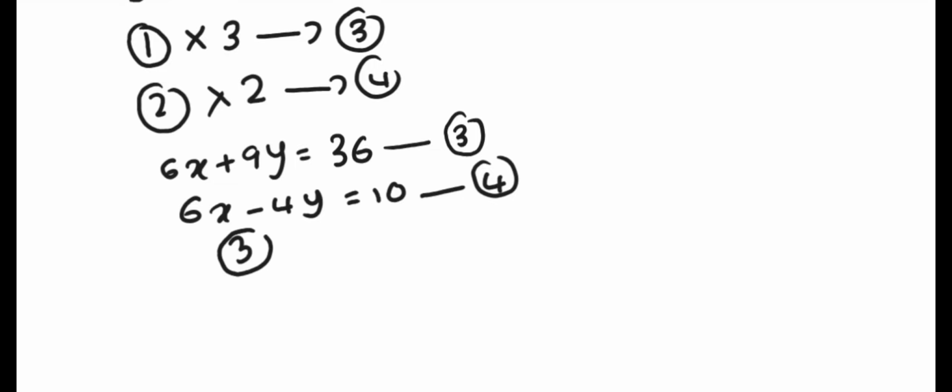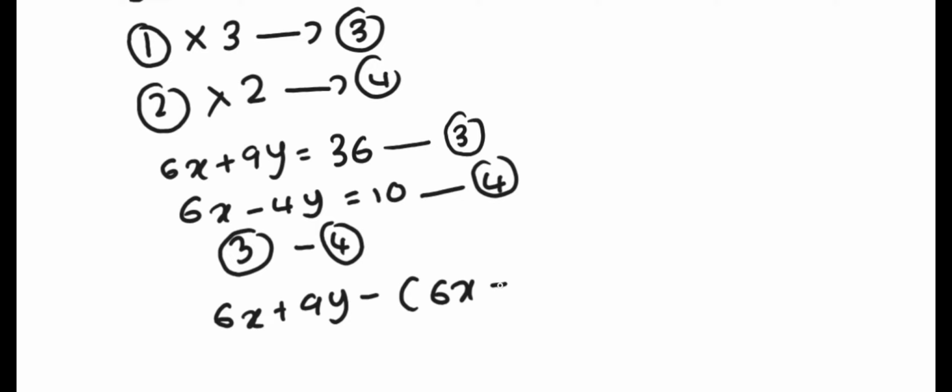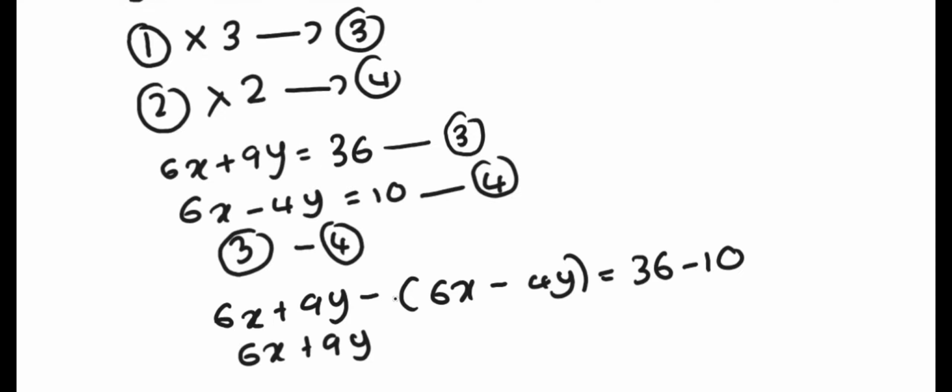I'm going to subtract 3 by 4. So what can I get? 6x plus 9y minus 6x minus 4y equals 36 minus 10. 6x plus 9y. Minus 1 into plus 6x is minus 6x. Minus 1 into minus 4y is plus 4y, you know.